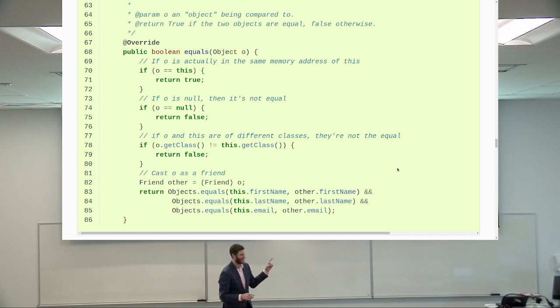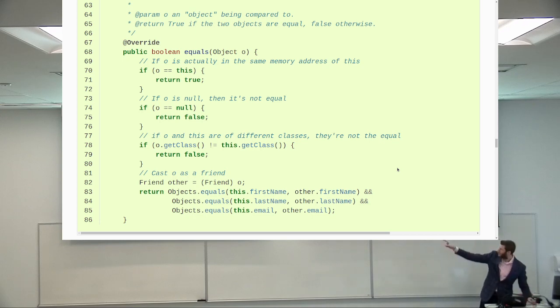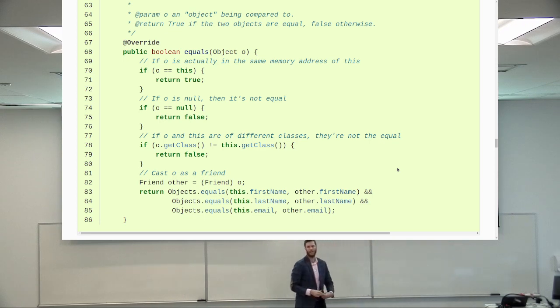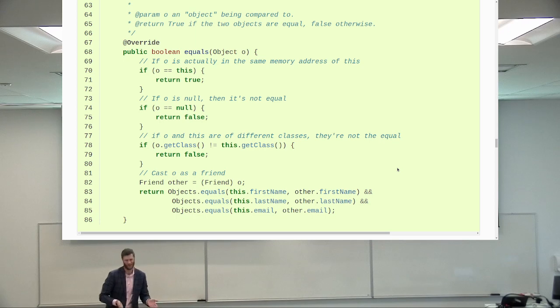Because if I don't cast it as the type of thing that I want, like the reference variable other, which is of type Friend, if I don't cast o as Friend, it's going to yell at me because Java can't guarantee, because of this idea of polymorphism, which we hit way later in the course. It's not critically important right now to wrap your head around.